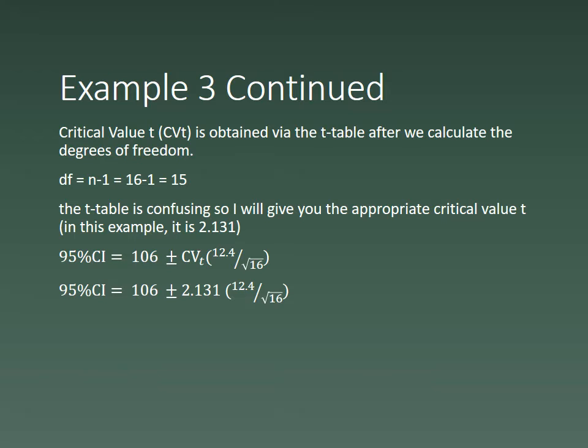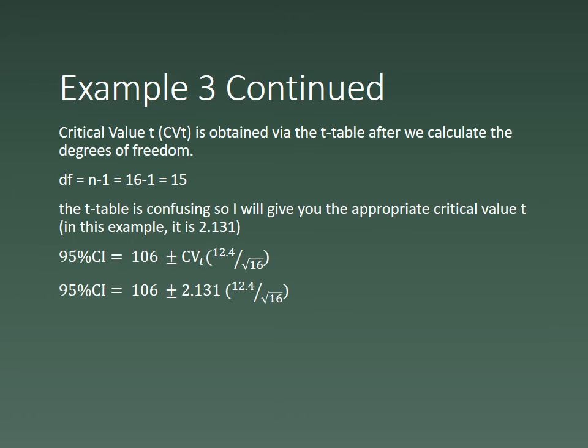Since that t-table is so confusing, I'm just going to give you the appropriate critical value t's for any problems you might do with this. So if I'm giving you a critical value and the sample size is less than 30, you're almost guaranteed that you'll be calculating the degrees of freedom. So in this case, we fill in that CVT into our formula.